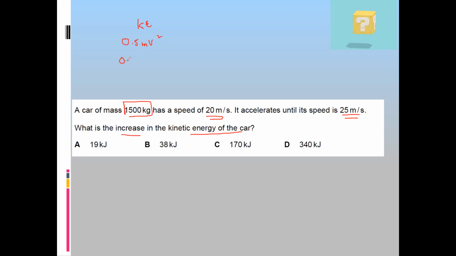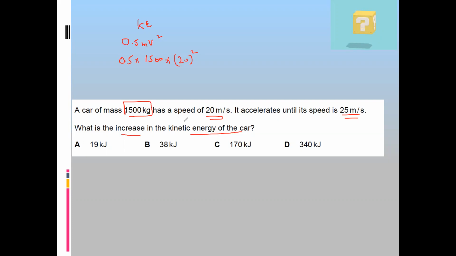So it will be 0.5 multiplied by mass, which is 1500, multiplied by 20 square. So what is the answer? Can you state the answer for this? 20 square multiplied by 1500 multiplied by 0.5.